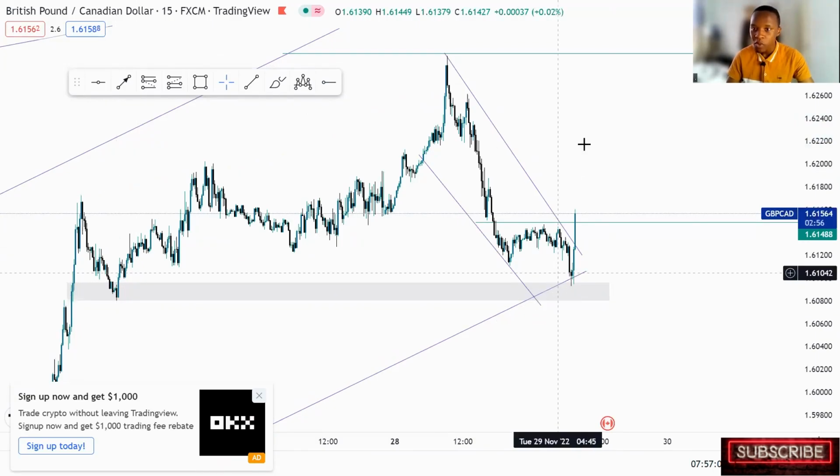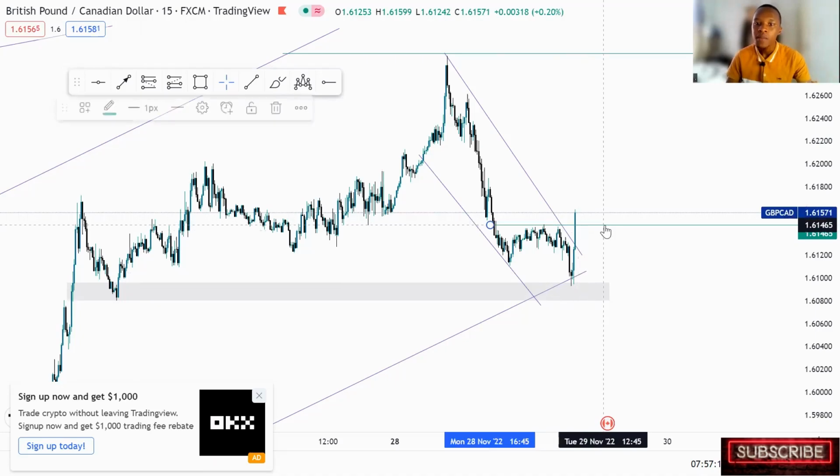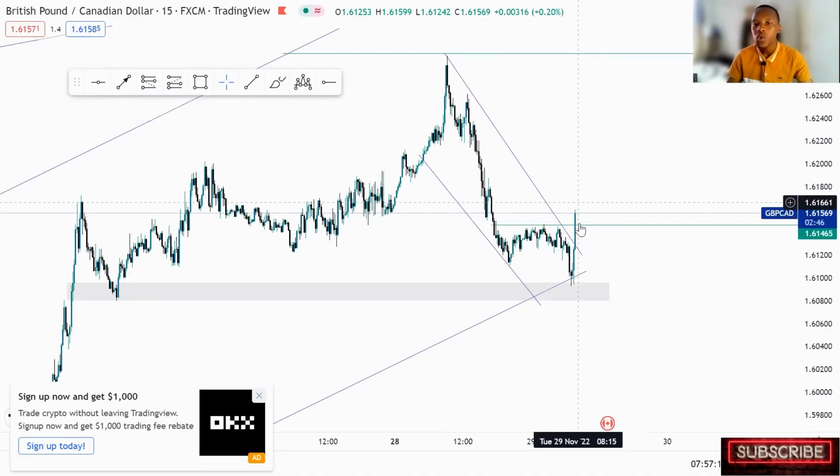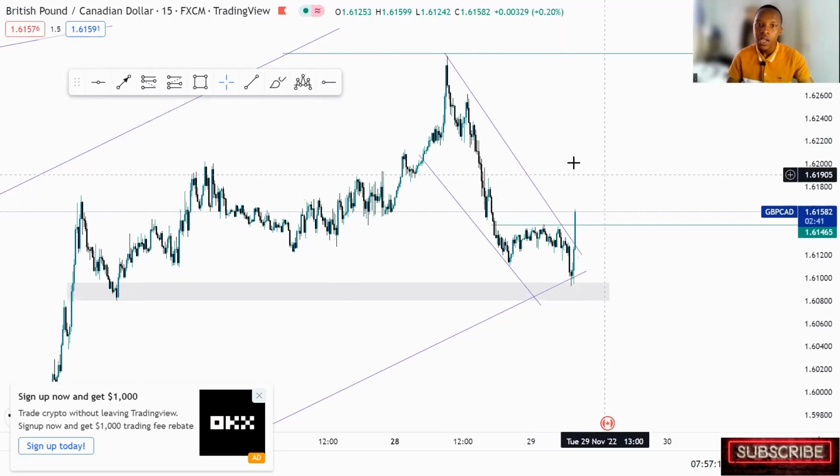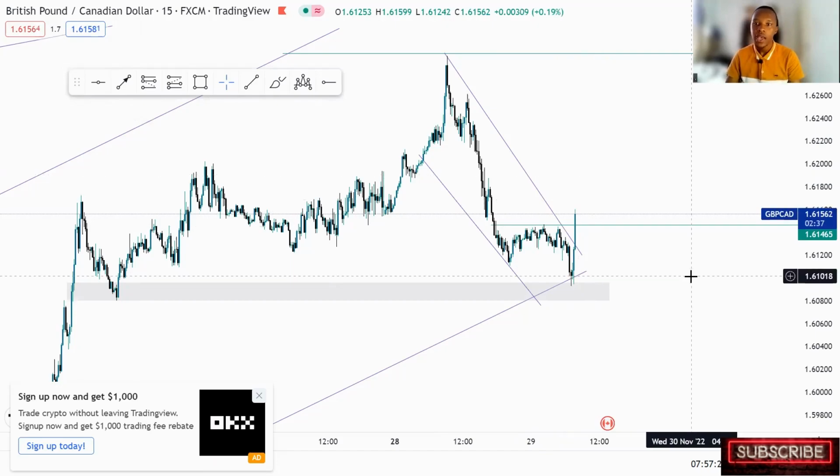So we have now broken out, which is, if that candle closes like that, it will be an impulsive breakout. But it just depends whether you would want to wait for a retest, or you would just be comfortable entering as it looks now, and then it possibly goes all the way to the upside. So that's what we have on GBPCAD.